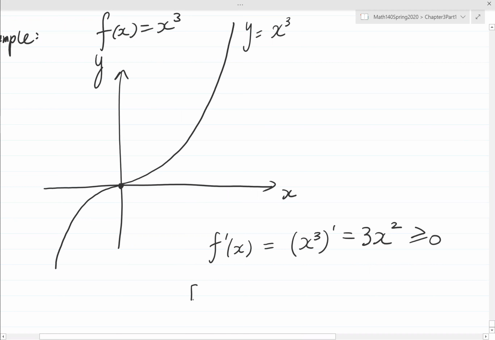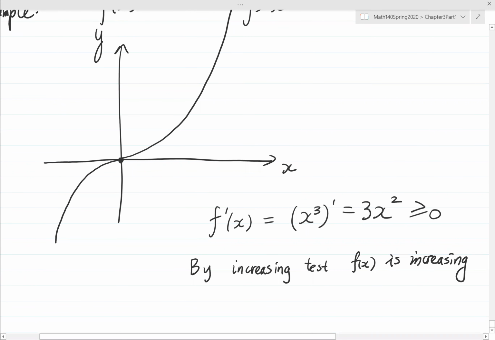So by the increasing/decreasing test, f(x) is increasing all the time, because the derivative is non-negative for every x. Now, what's the critical number?